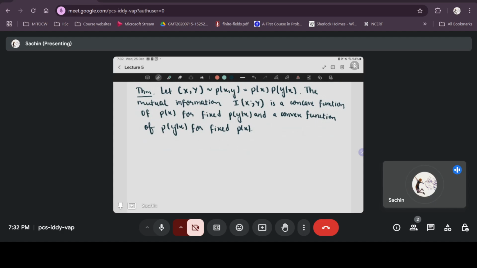So since P of x comma y is P of x, P of y given x, if you fix P of y given x, that is, in terms of communication, the channel transition probability, then by varying the distribution of x, you can vary the joint distribution x comma y.